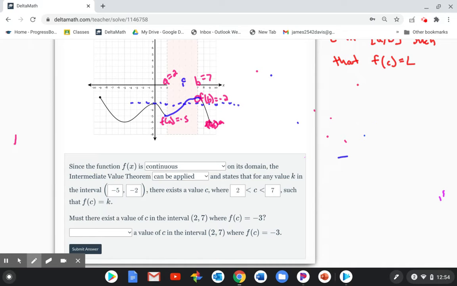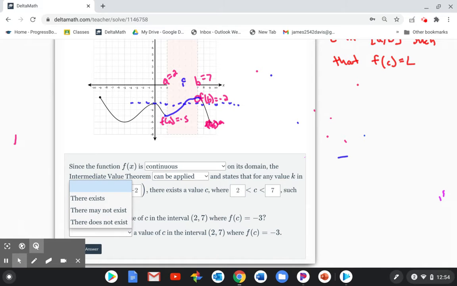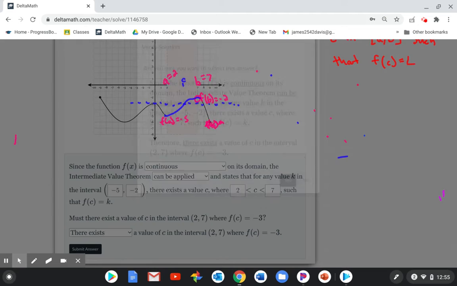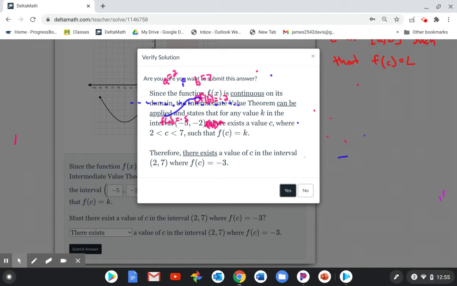Since it is continuous on this interval, we can say yes, definitely, you would have to cross -3 at some point. So there exists a value of c in the interval 2 to 7 such that f of c equals -3.